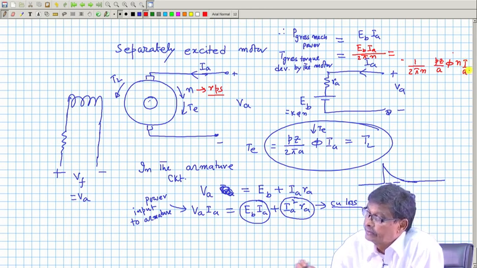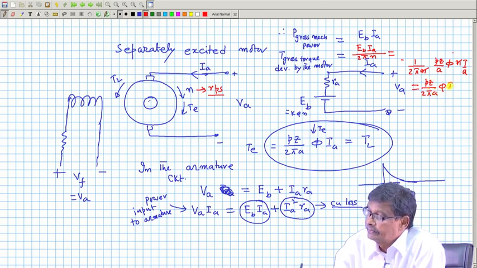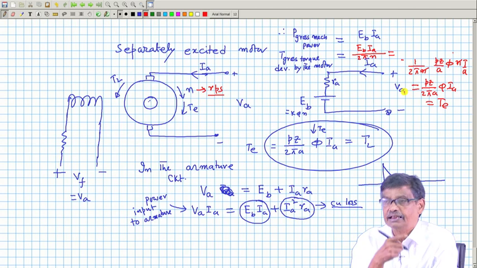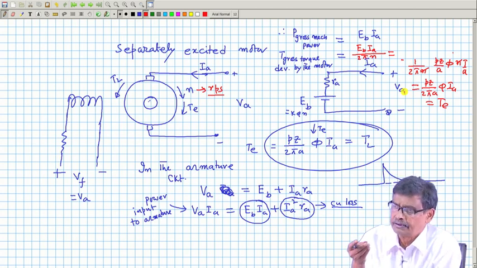It is correct now. So, n cancels and you get P z by 2 pi a phi into Ia. This is the electromagnetic torque developed by the machine, which I got earlier by directly calculating the torque.